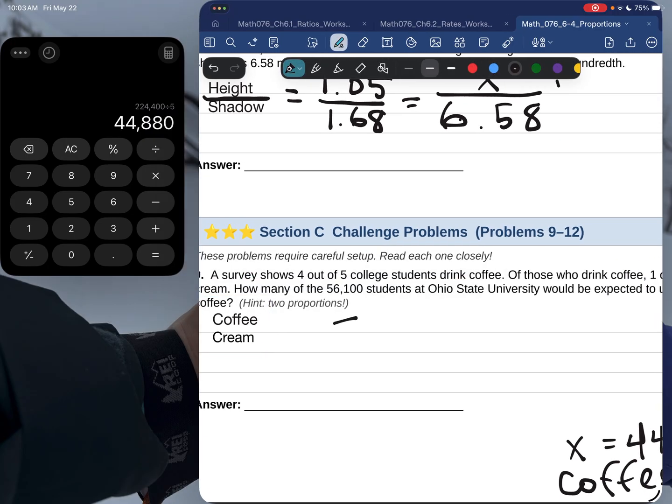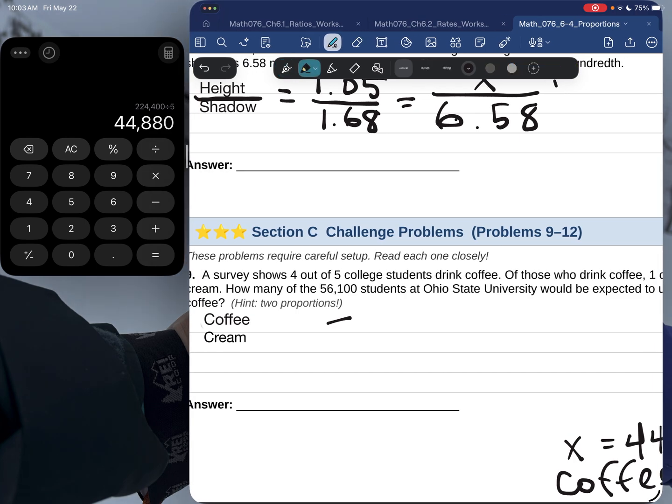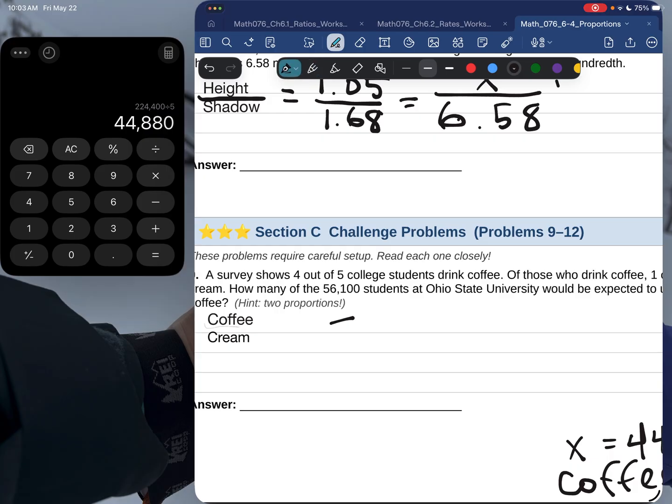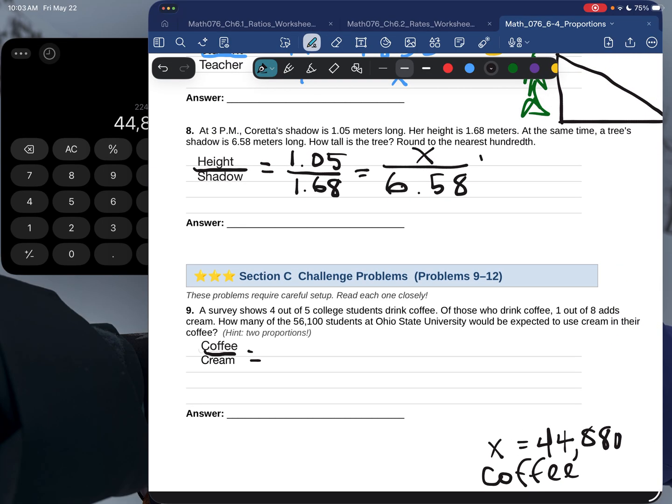So these are my students who like coffee. Coffee over cream. It tells me in my problem, 1 out of 8 adds cream. So 1 student out of 8 coffee drinkers adds cream.